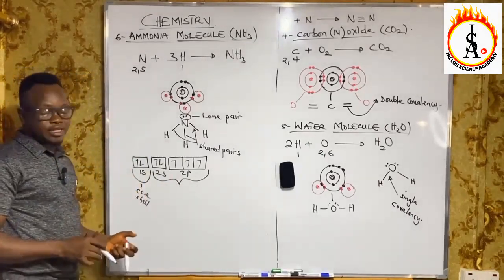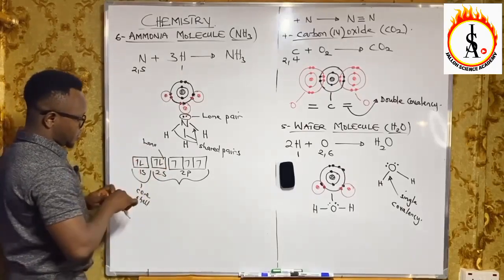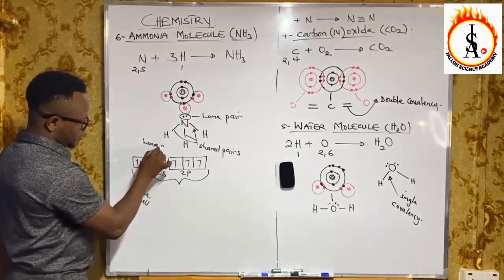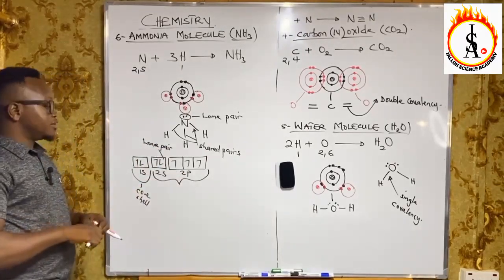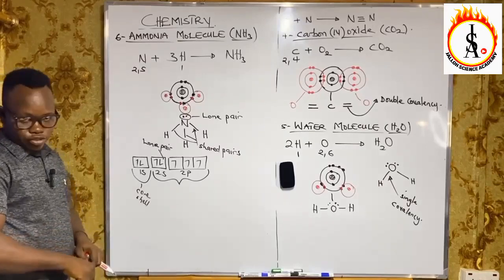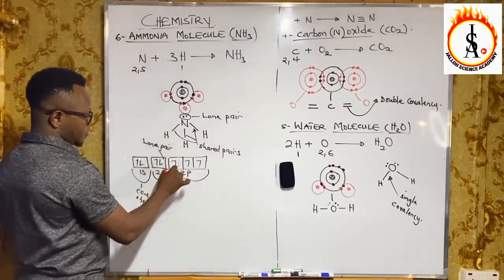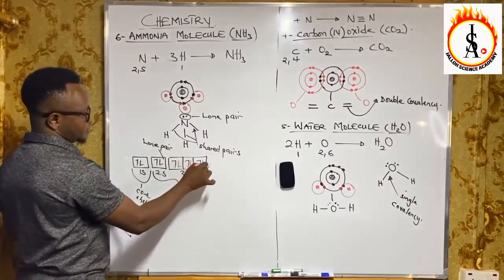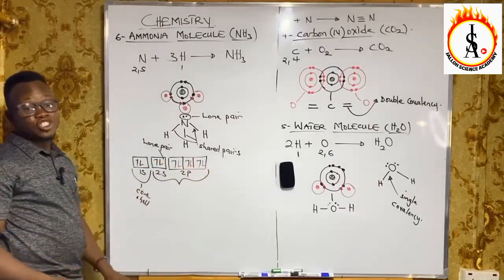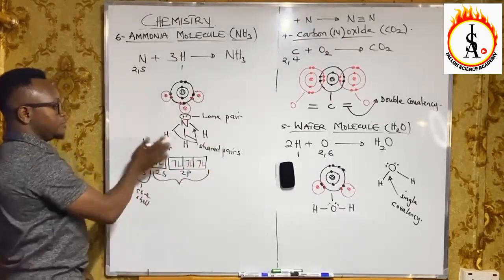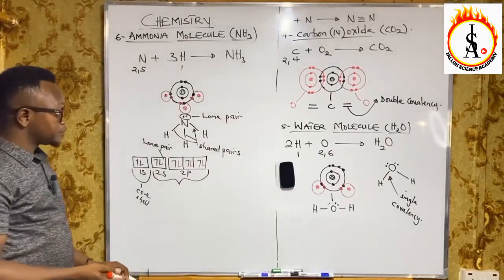And these are in the same energy level. So this guy will give us the lone pair, and these are the unpaired electrons. So these unpaired electrons, one hydrogen atom will bond here, another hydrogen bond here, another hydrogen bond here. So giving us 1 lone pair and 3 shared pairs. So these are the shared pairs. This is how this ammonia molecule is formed.